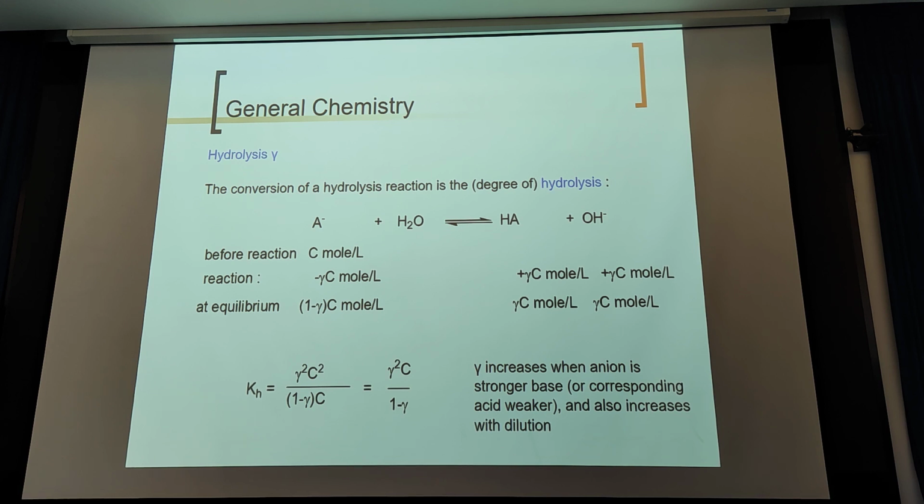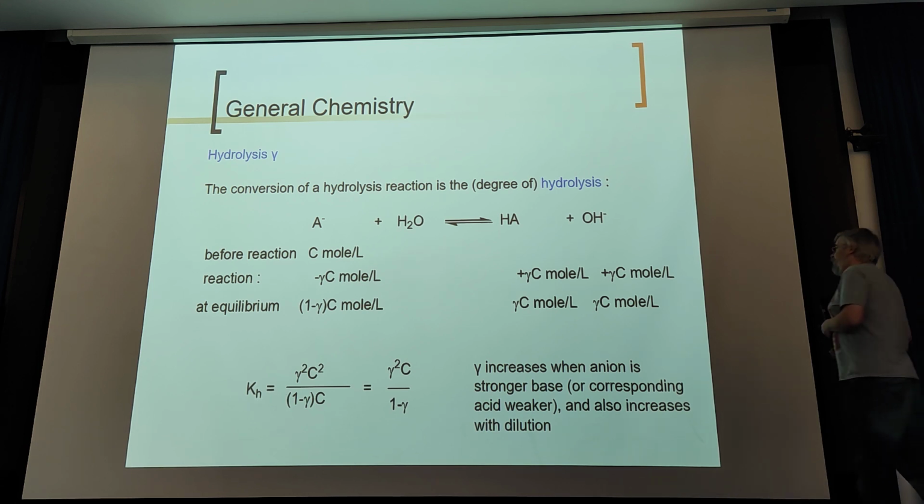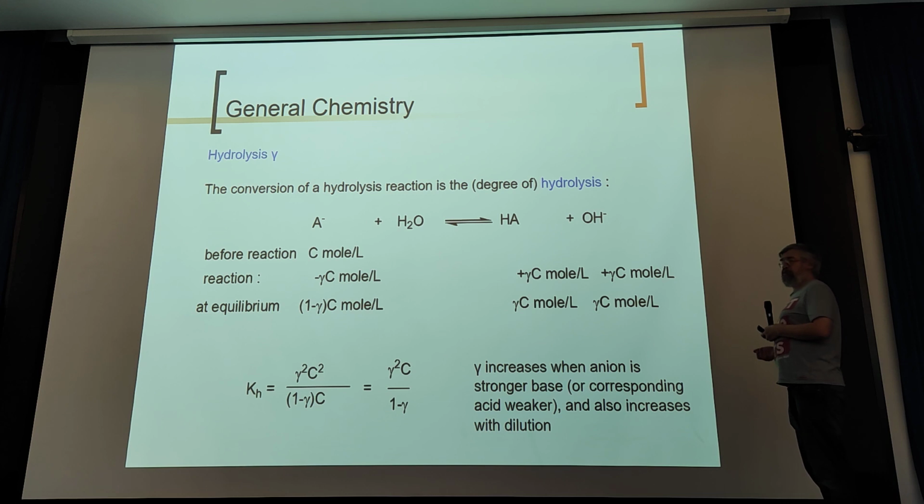We can also talk about the degree of conversion. Instead of alpha, normally we use gamma, but it's actually not really different. If you want to use alpha, it's also okay. In this case, the concentration of A minus that is remaining is (1 minus gamma) times the concentration.